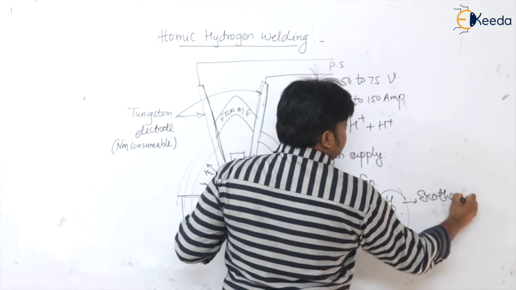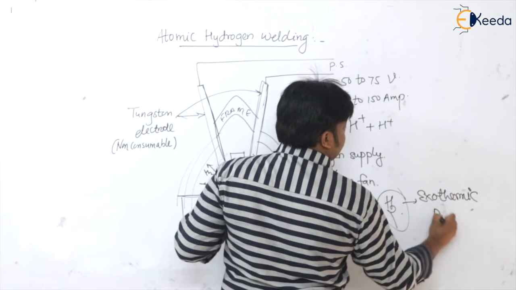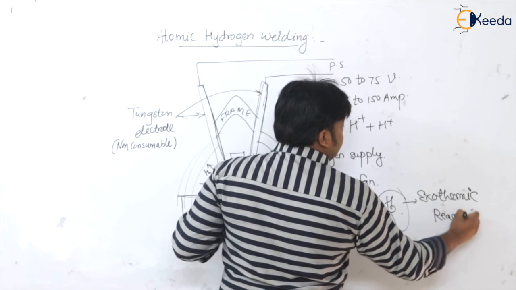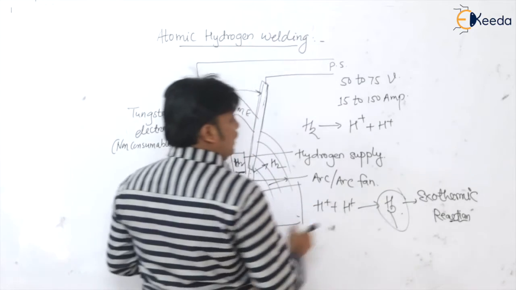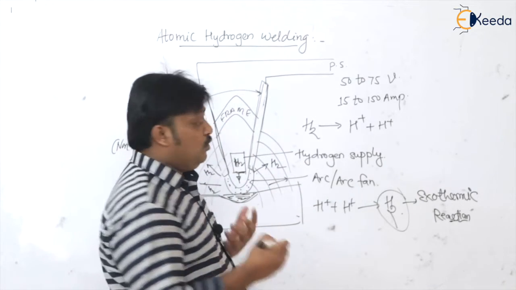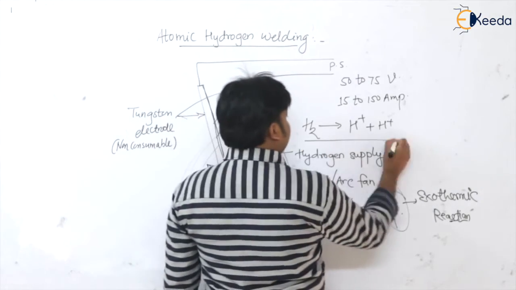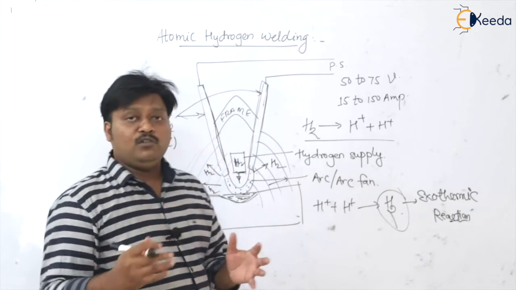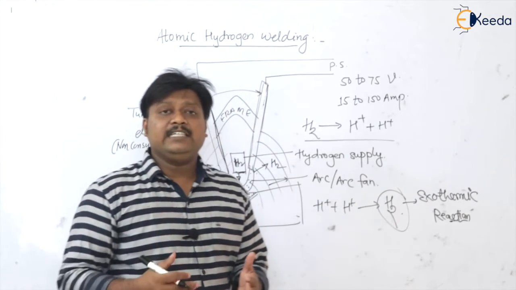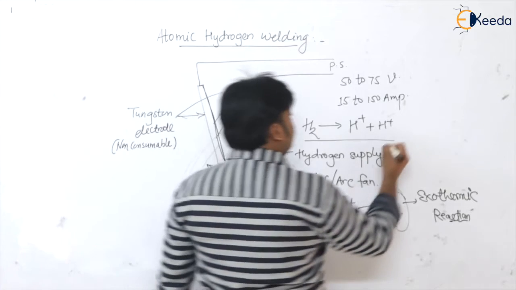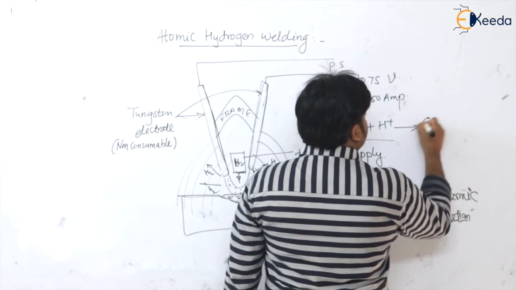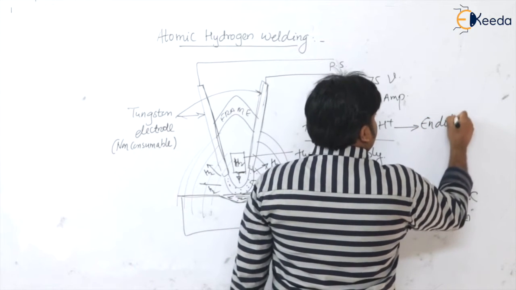This reaction is the exothermic reaction, where the highly unstable atomic hydrogen gets converted into molecular hydrogen, and the first reaction, where the molecular hydrogen was disintegrated into atomic hydrogen, is the endothermic reaction.